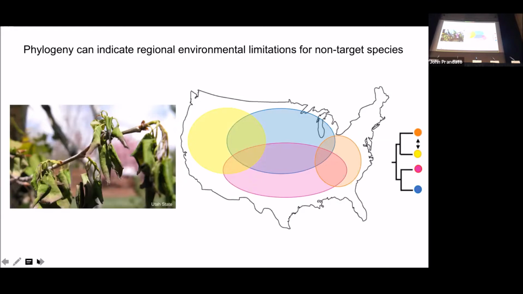We can take a trait like environmental sensitivity or others, and we can map that onto a phylogeny. Using that phylogenetic structure of traits, we can impute sensitivities for species that we don't have data for.